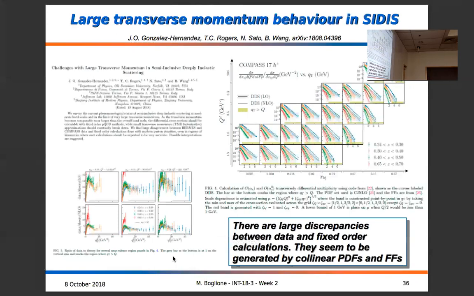And their conclusion is that these problems might be generated by the collinear PDFs and fragmentation functions. So there is actually a problem which is connected to, I take the result of data fits for the PDFs, which are driven by some data, maybe very high energy or different kinematics regime. I drag it to a different kinematics, and maybe they don't work anymore.